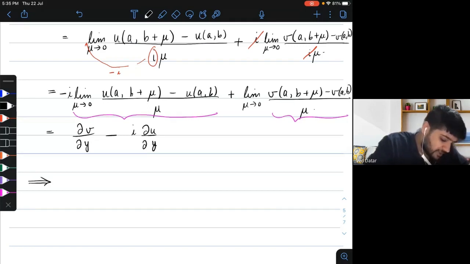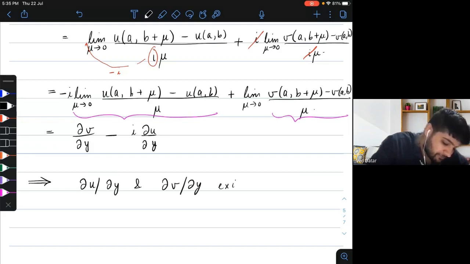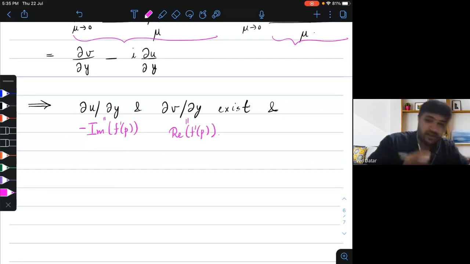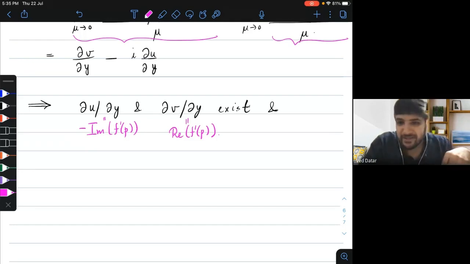Okay, so the conclusion is that del u by del y and del v by del y exist, and in fact we have that this guy is equal to minus the imaginary part of f prime of p, and this guy is equal to the real part of f prime of p. Okay, so we have basically calculated the same limit but in two different ways.